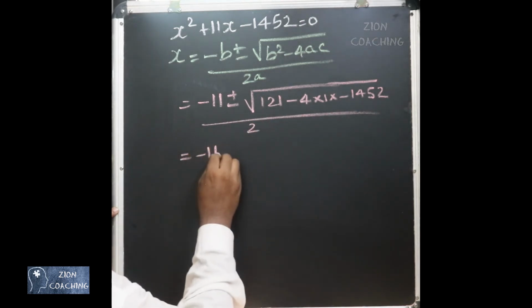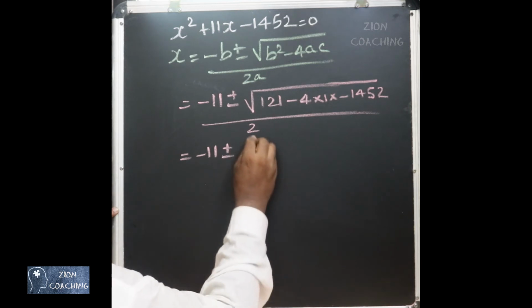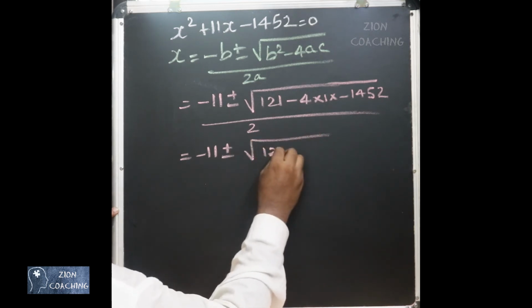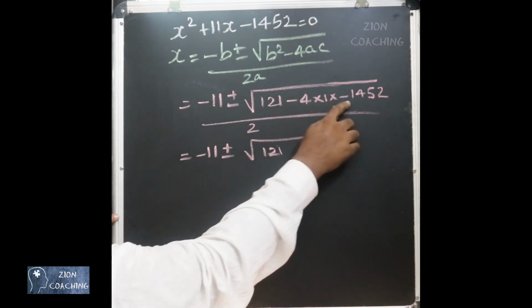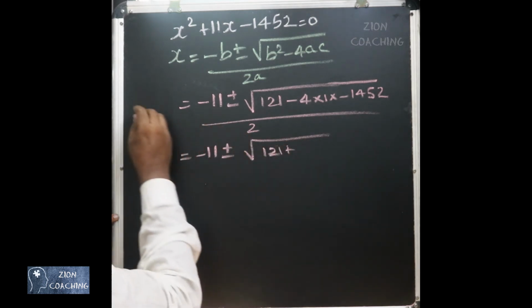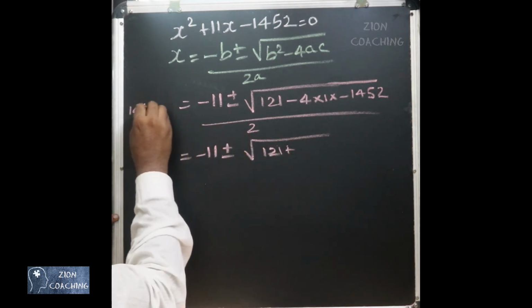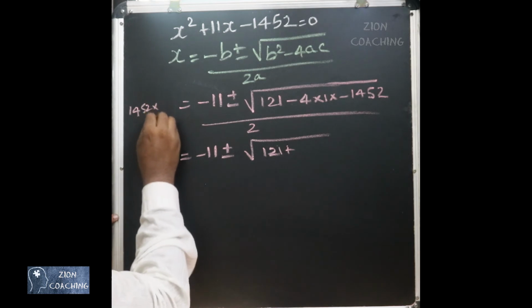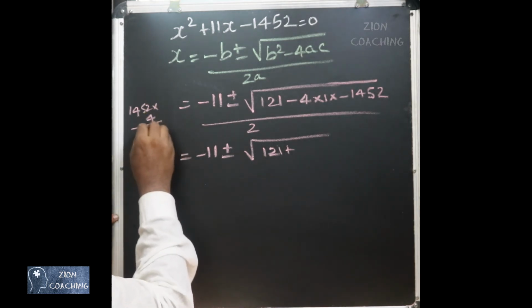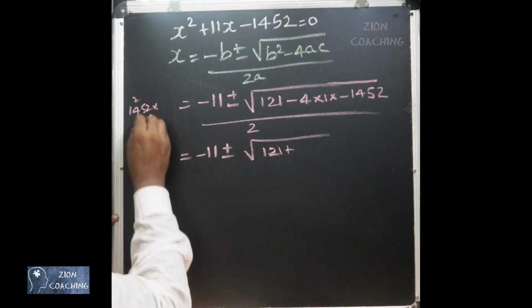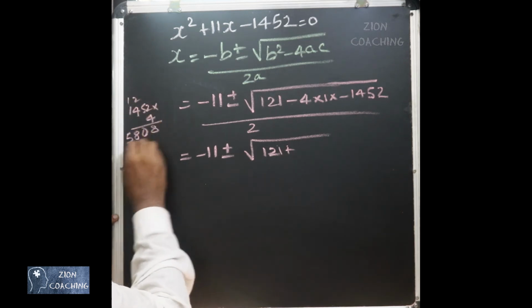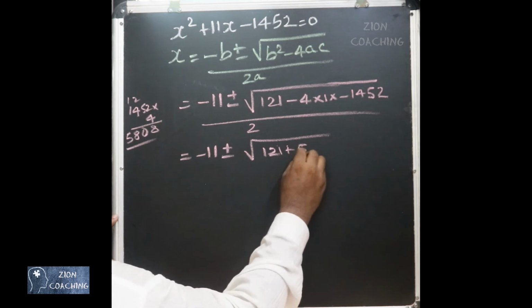So it is going to be minus 11 plus or minus root of 121. Minus into minus will become plus. 1452 into 4: 2 4s are 8, then 5 4s are 20, carry 2, 4 4s are 16, plus 2 is 18, carry 1, 5808.